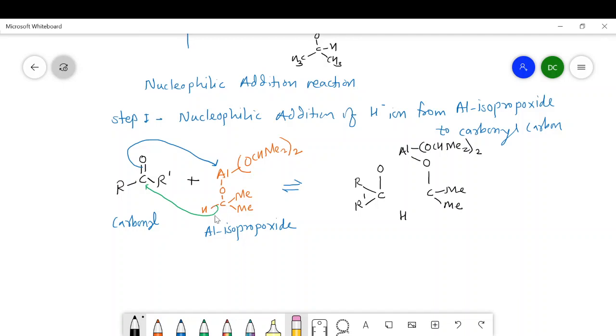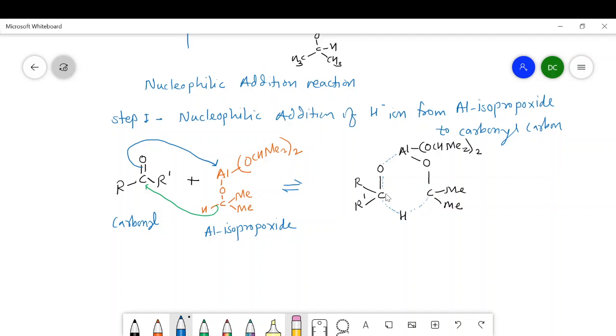Now this bond is going to break, then this double bond is also going to break, and there is formation of a bond between this carbon and hydrogen and between oxygen and aluminum. So this bond making and bond breaking process we can show by a dotted line. There is a bond formation between oxygen and aluminum, a breaking of the C=O bond, a formation of a bond between this carbon and hydrogen, and a breaking of the bond between this carbon and hydrogen.